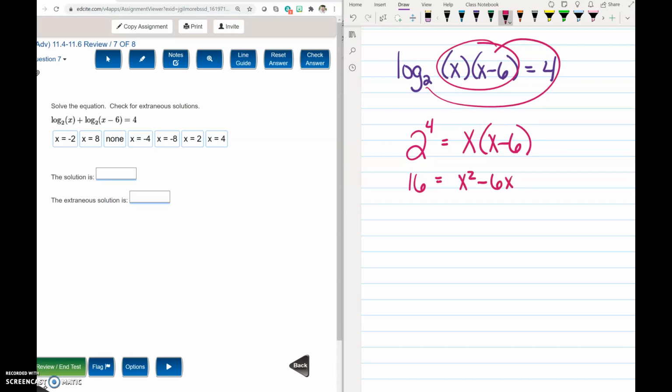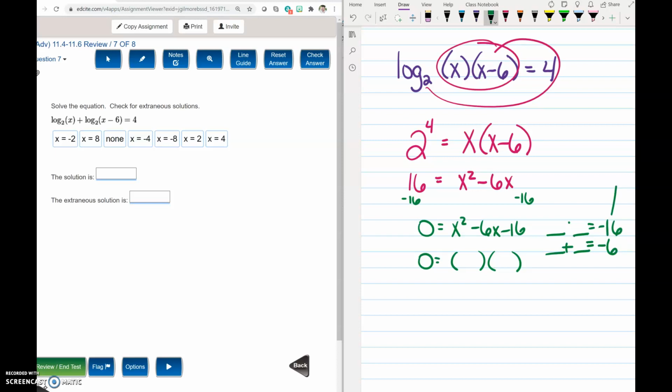When you have x squared and x, you need to get 0 on one side so that you can factor and solve. So I will subtract 16 on both sides. And then we're going to need to factor this thing. We are looking for two numbers that multiply to give us negative 16 and add up to negative 6. So think about 16. We've got 1 times 16, 2 times 8, and 4 times 4.